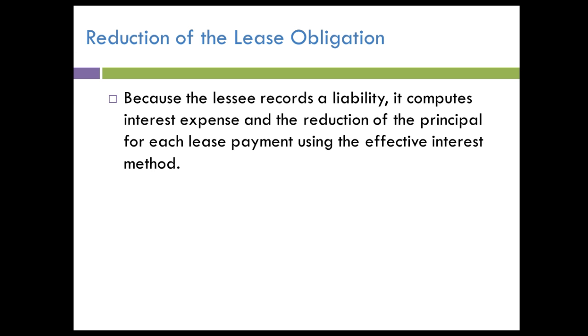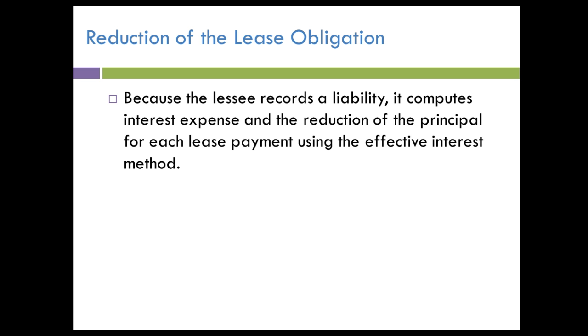Now, the reduction of the lease obligation, since the lessee is going to record a present value of the leased asset along with the corresponding liability, it's going to take into account an interest expense.